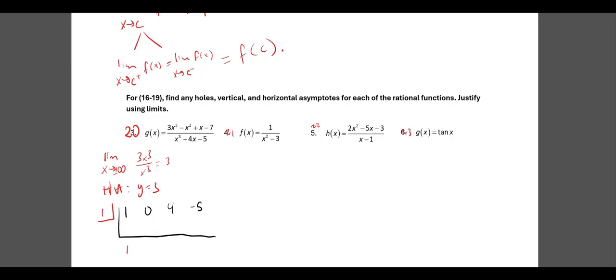Let's try 1. 1 times 1 is 1, 0 plus 1 is 1, 1 times 1 is 1, 4 plus 1 is 5, 5 times 1 is 5, negative 5 plus 5 is 0. So that works. This is a solution: x equals 1.